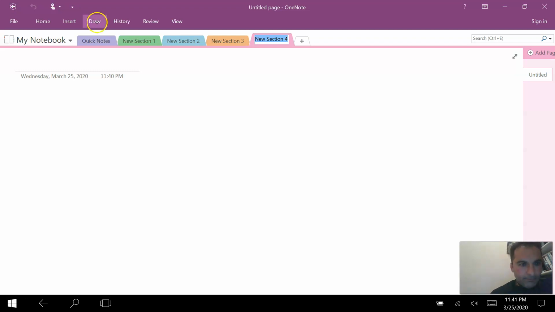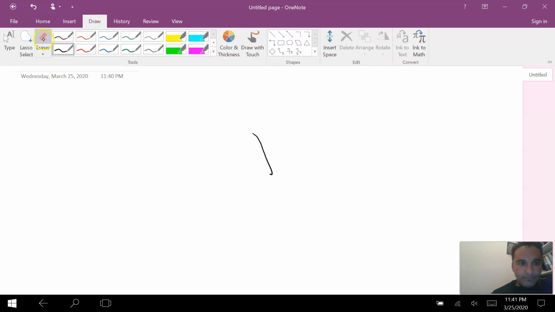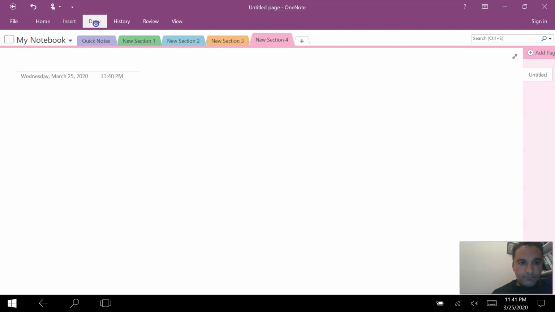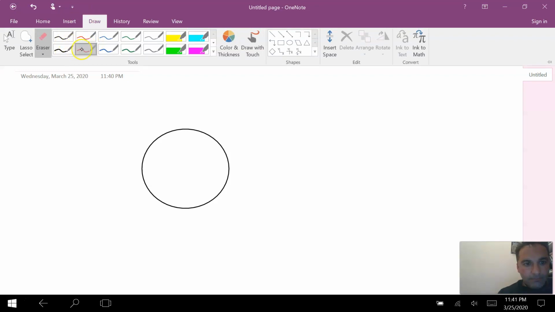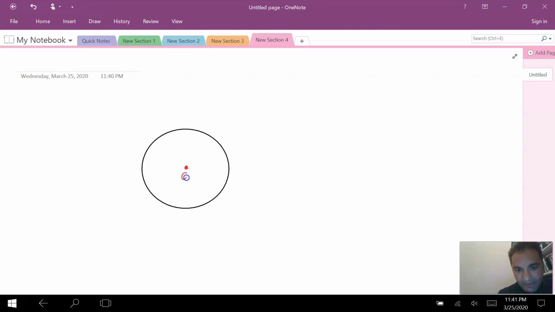Therefore, let me draw a circle. If this is the circle, toward the center is the radial axis or central axis.